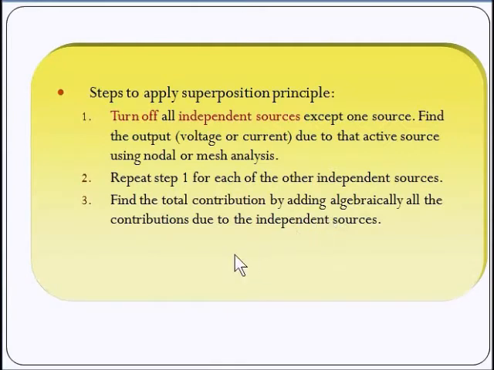The third step is to find the total contribution by adding up, algebraically, all the contributions due to the independent sources. For instance, if you want to find V, the first result is V1, the second is V2, the third is V3 and so on. Then the final total is V total equals V1 plus V2 and so on.